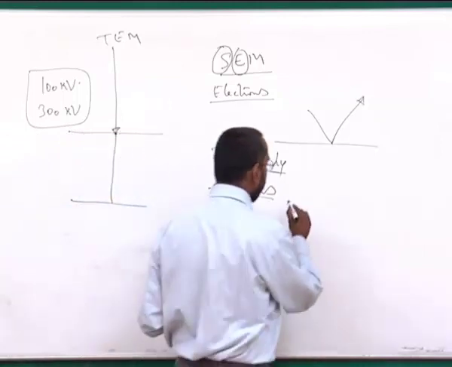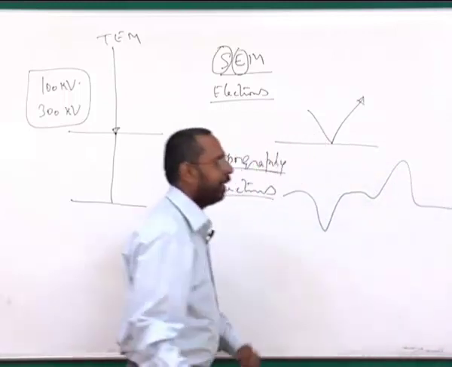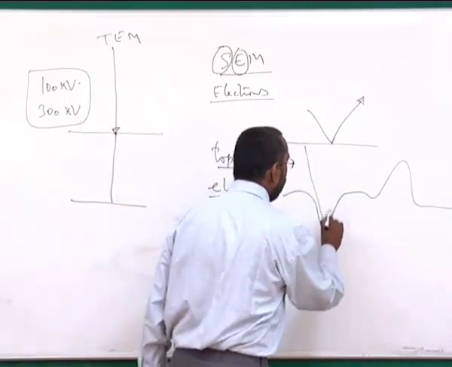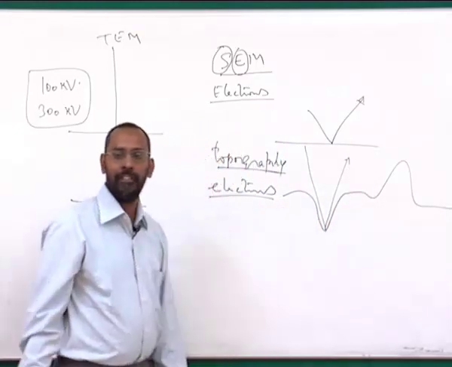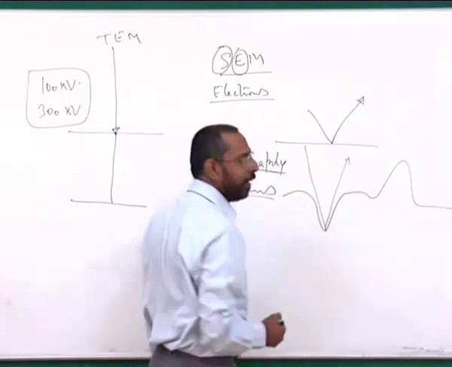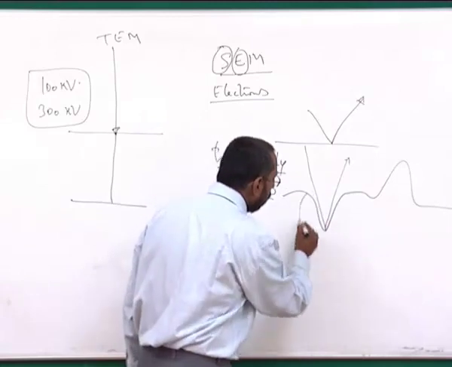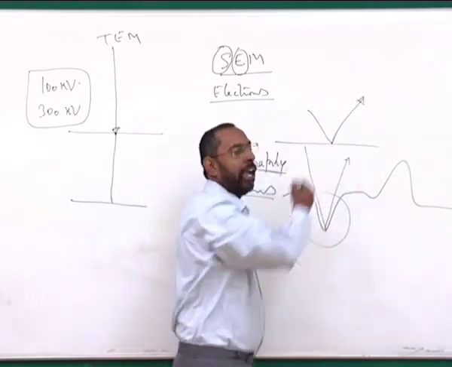For example, if you have a surface with this kind of topology, whenever an electron beam falls onto this and gets reflected back, because it is traveling a long distance, and in this region it can even get scattered away by the electrons present inside the sample, the electrons are lost before they actually reach.